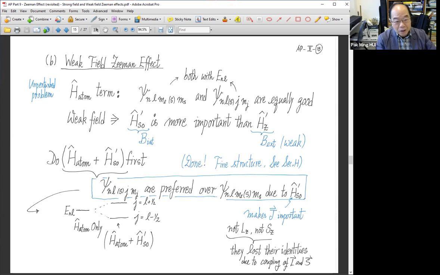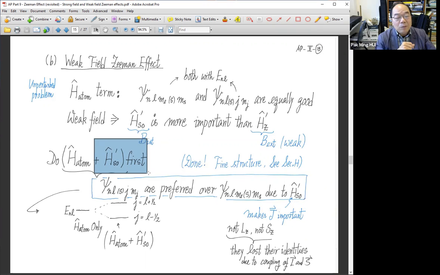By weak field Zeeman effect, we simply mean that the internal field or the spin orbit interaction part is more important than the external field, the Zeeman term. Thereby, we must choose to do the spin orbit interaction term first. We do it more seriously, then the Zeeman term we do in an approximated way.